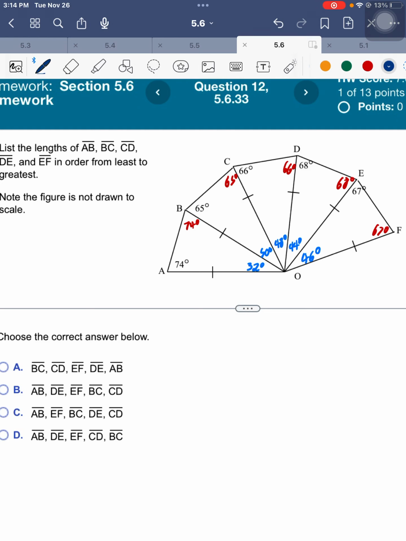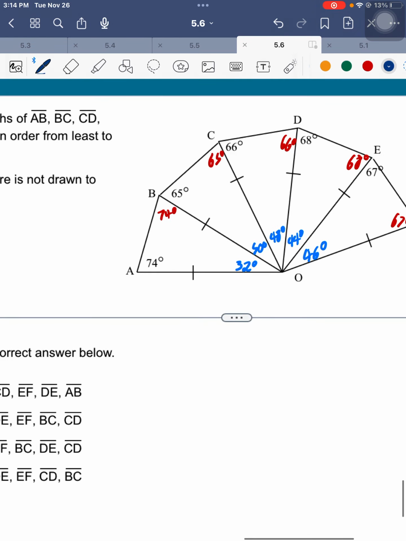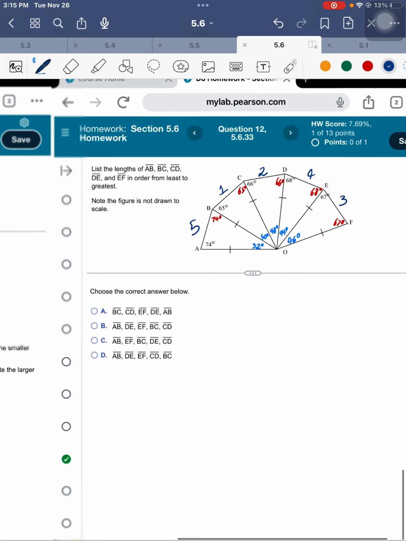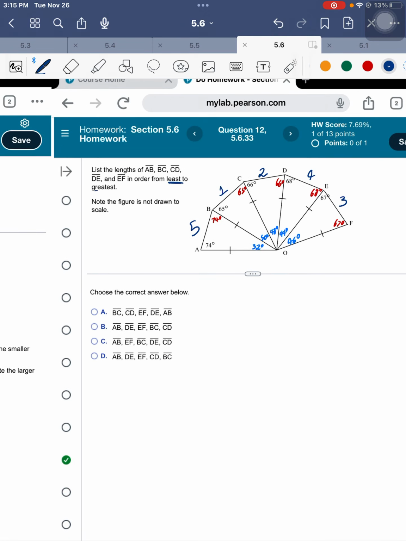So what is my biggest side length? Let's do it in purple. My biggest side length is BC. My second biggest is CD. Third is EF. Fourth is this one. And fifth is this one.